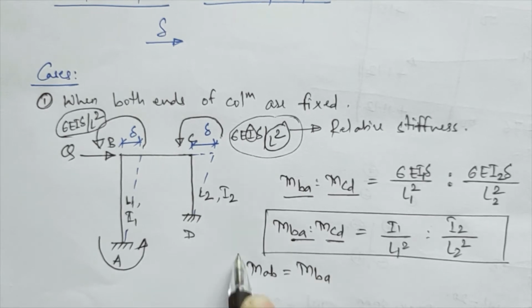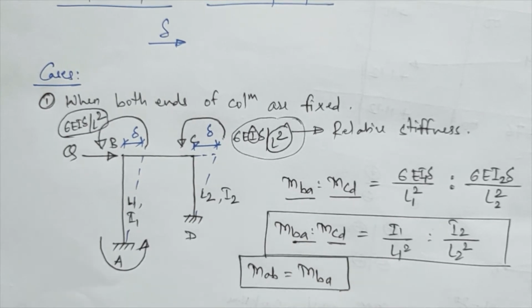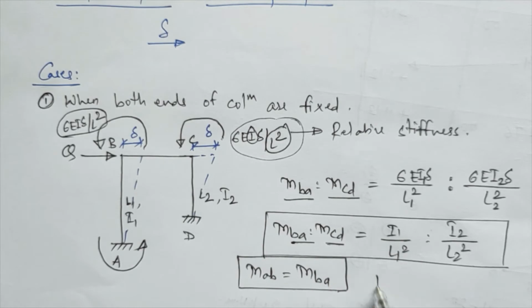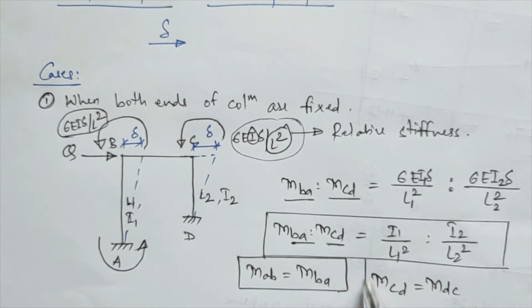So the first thing I am writing is that your MAB value will be equal to MBA value. In the same way, for the second column, MCD will be equal to MDC.